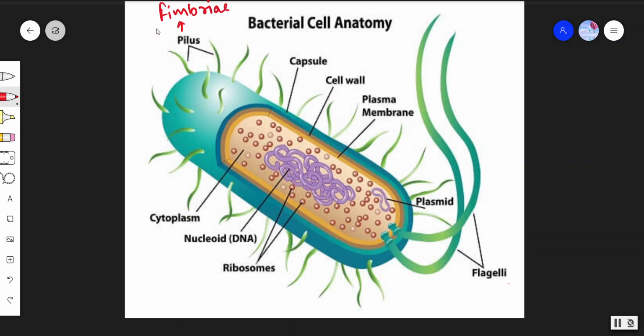These are short filamentous structures like flagella, but they do not actually help in movement; rather they function as an attachment of bacteria to surfaces. Okay, these help in attachment.